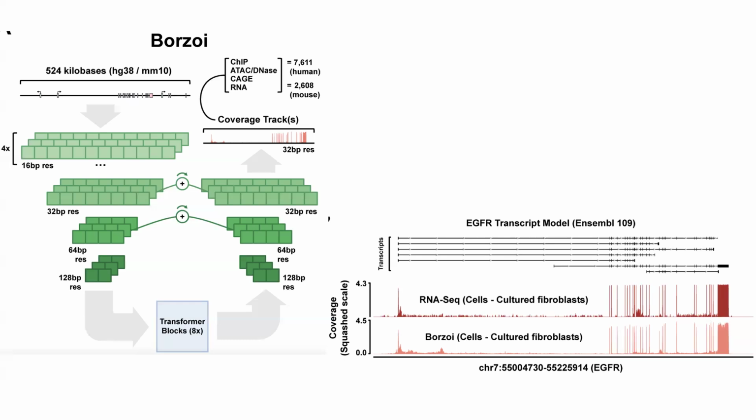And so what you can see on the right for this particular gene, EGFR, and here we're looking at RNA-seq from fibroblasts, is that it's pretty good, right? It's a hard problem, and the fact that it can reproduce it so faithfully means that model has learned a lot.